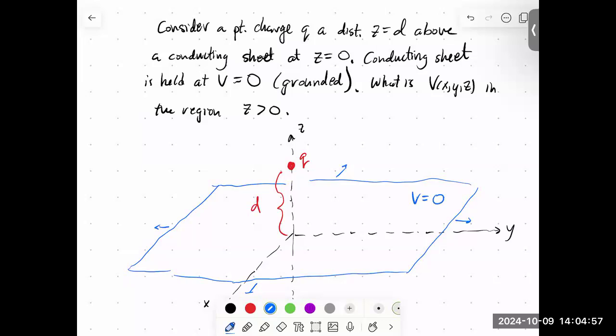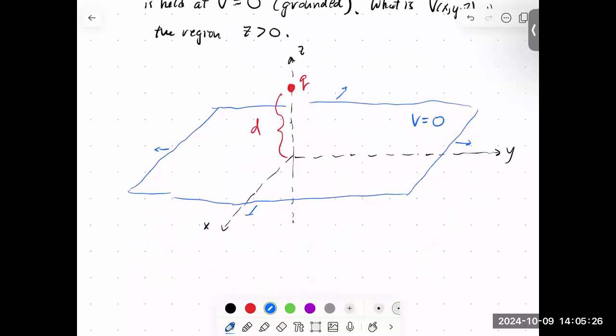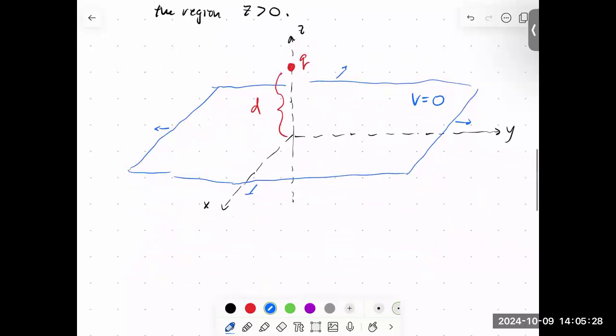That's a hard problem in general, using the methods that we have so far. So we want to come up with a new approach to this problem. Instead of trying to solve it immediately, we'll just sketch the electric field and the potential, what we think they might look like, and maybe that might lead to some insights that will help us solve the problem in general.